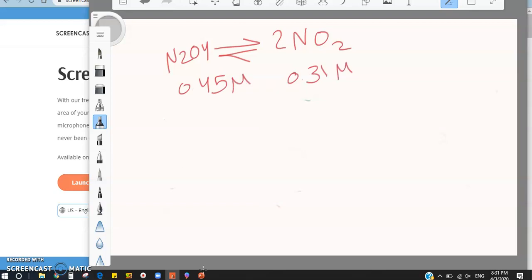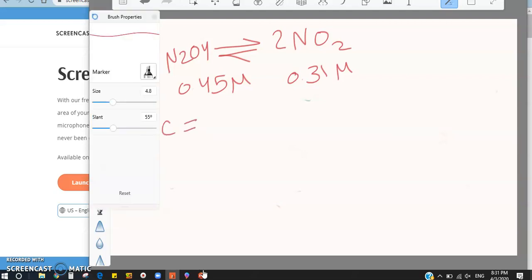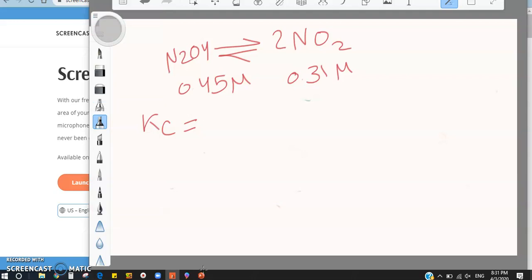So Kc will equal the concentration of products, you have to write the equation to the power of the coefficient, divided by the concentration of reactant to the power of the coefficient.